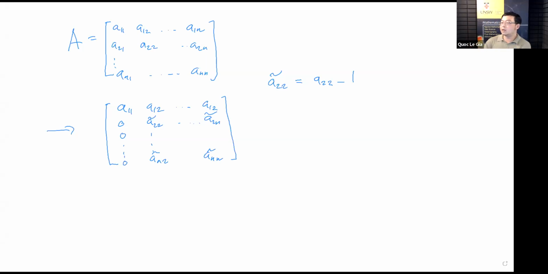Okay, so you see now, suppose you have a matrix A. Then I want to compute the LU factorization. What I'm doing is applying the row operation to get the row echelon form, from this step to this step.